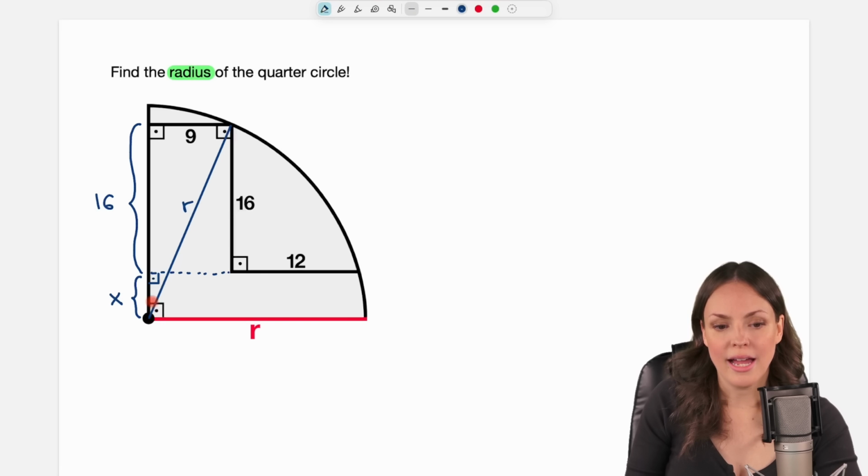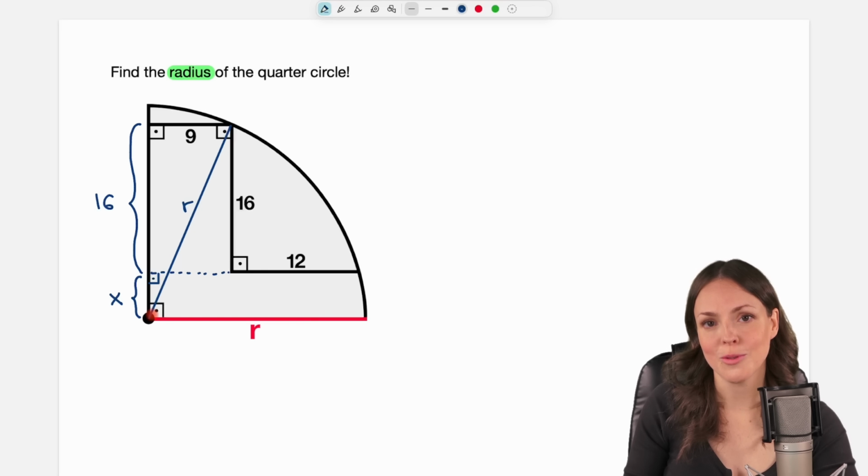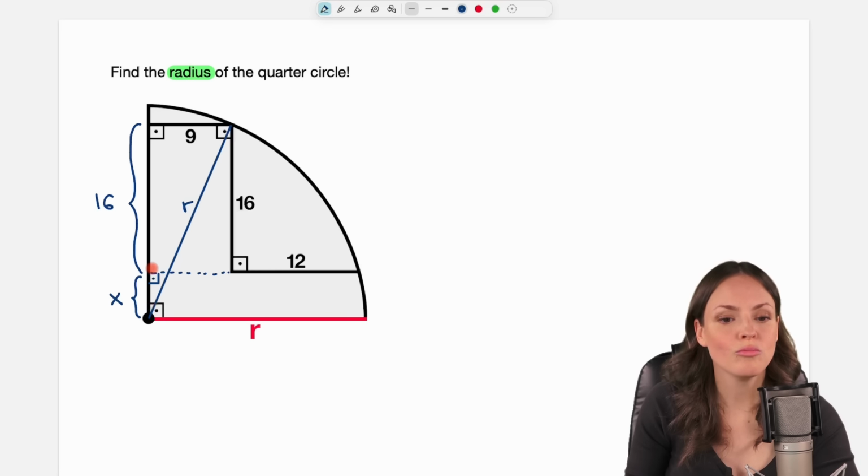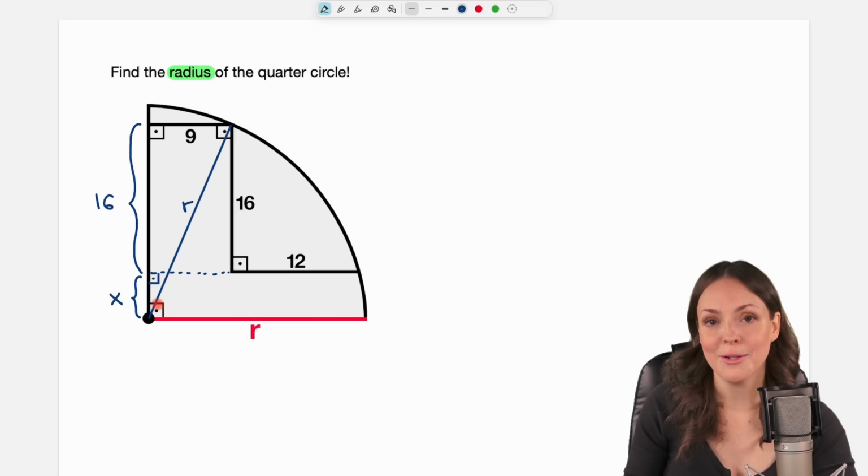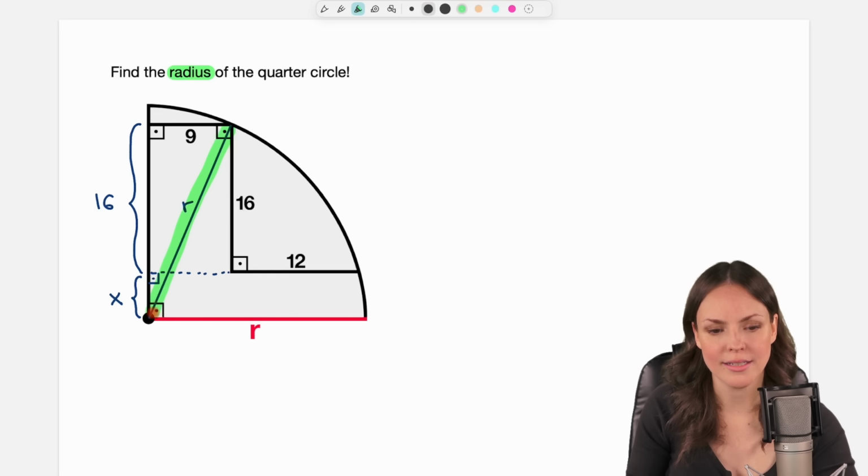Okay, but then we have a right triangle, and we can use the Pythagorean theorem to find an equation for this triangle. For that, we need the hypotenuse first. That is always across our right angle, so this is the hypotenuse.